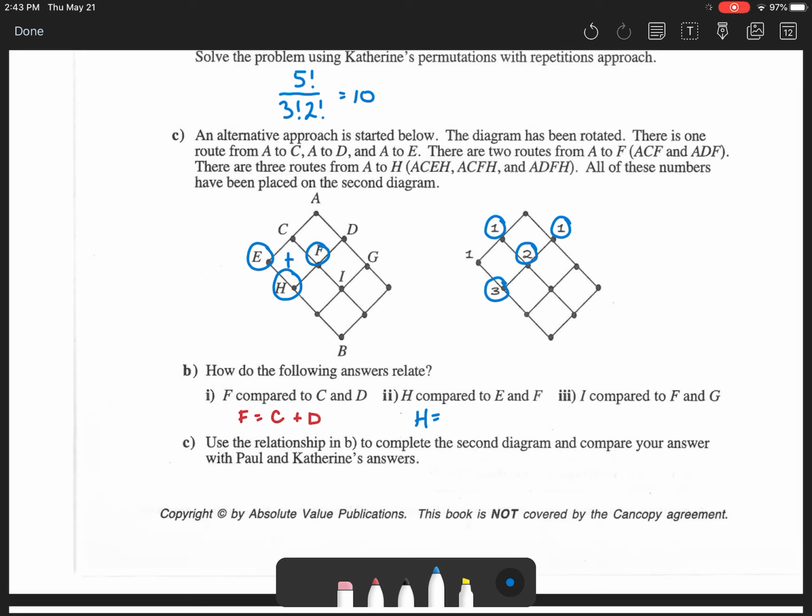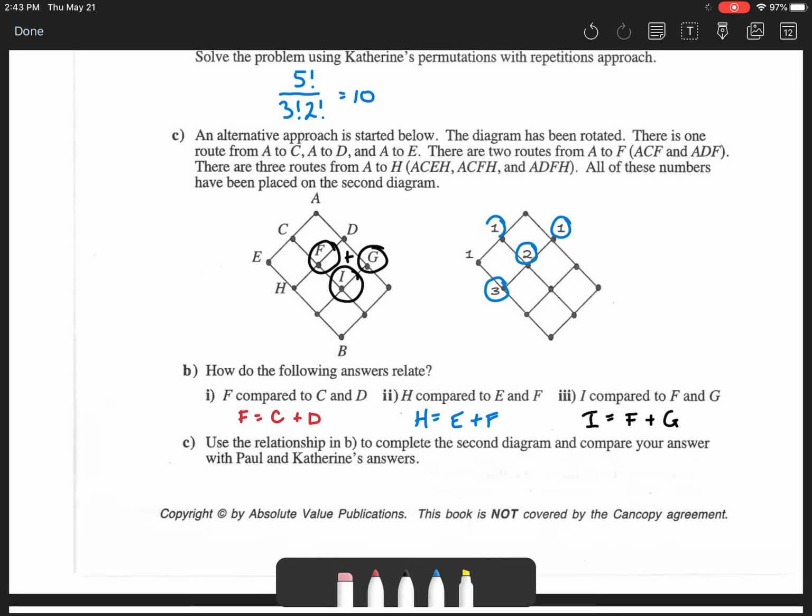Well, H will be E plus F. And then finally, how does I compare to F and G? Well, you'll add them together, okay? So I will be equal to F plus G.